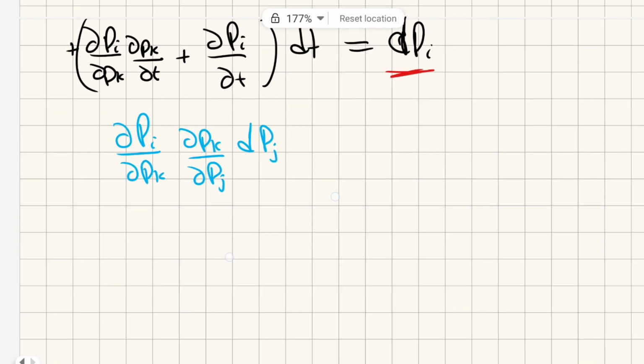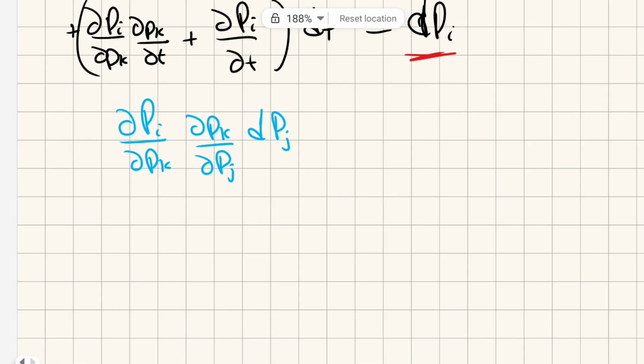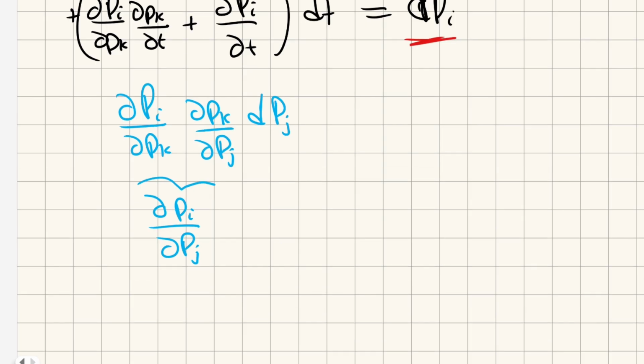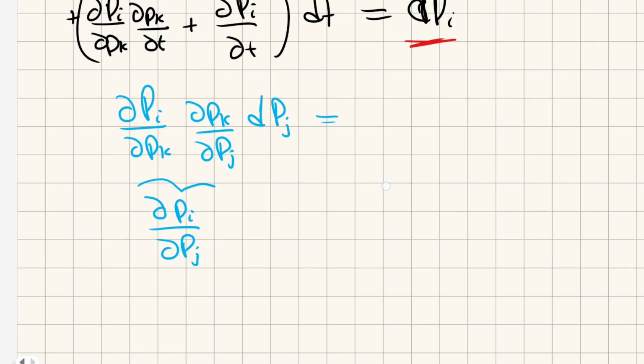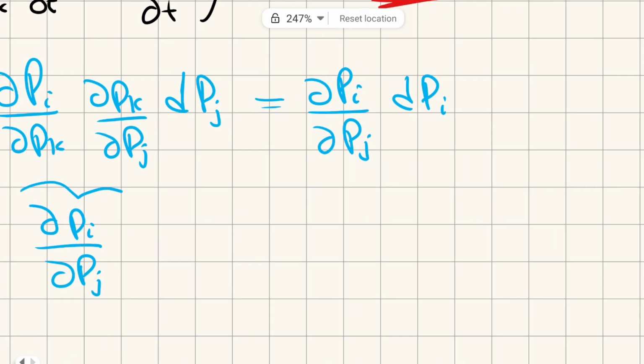The thing here is that we are using a kind of chain rule with these two elements, because this can be seen as the derivative of Pi with respect to pj, just by using the chain rule. So this quantity can be seen as the derivative of capital Pi with respect to capital Pj times dPj. But you should know that we are taking a very intuitive derivative. It's like having the derivative of x with respect to x, which is 1, of course, because x is equal to x.